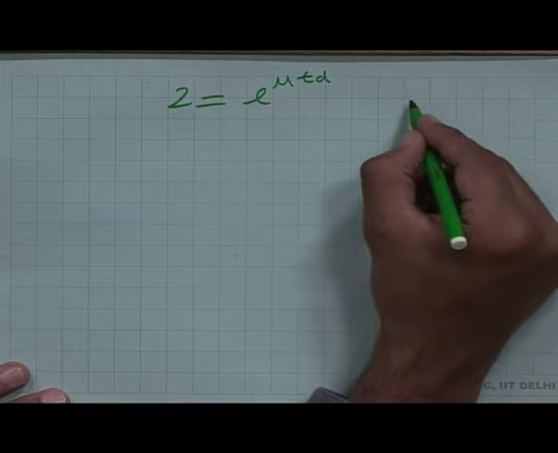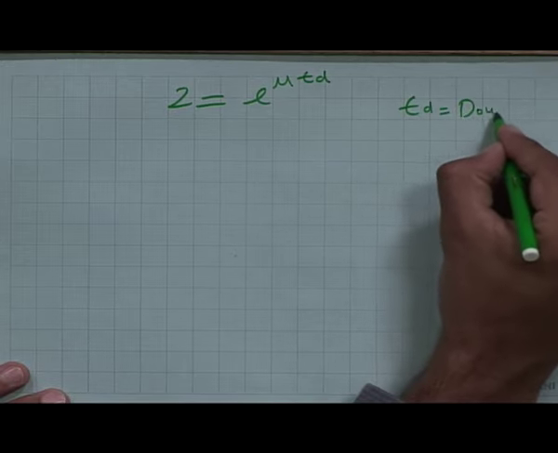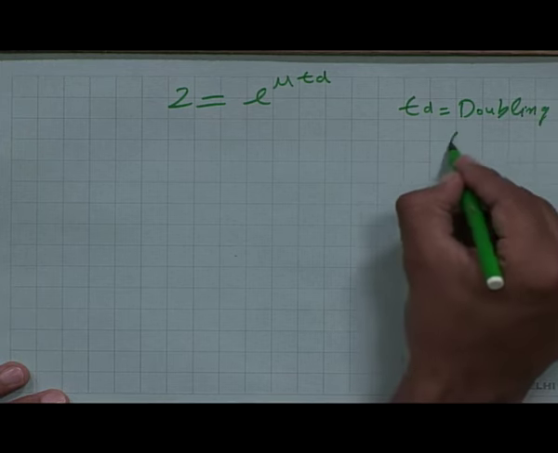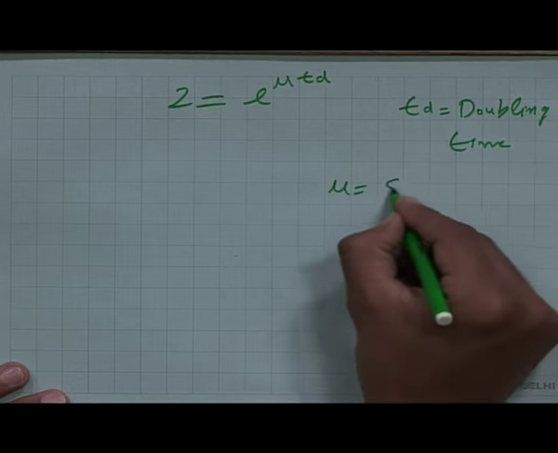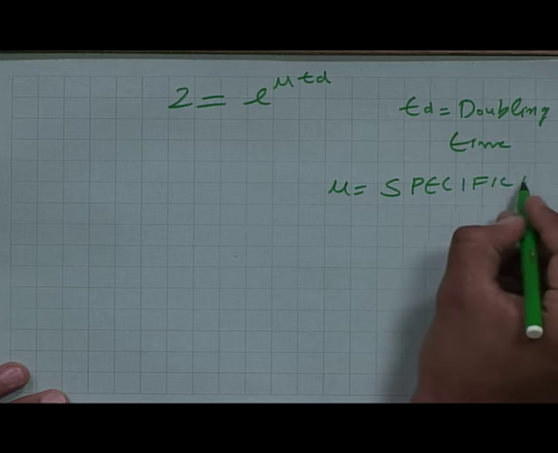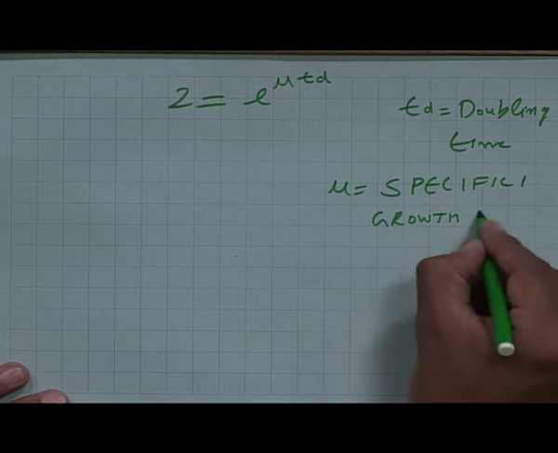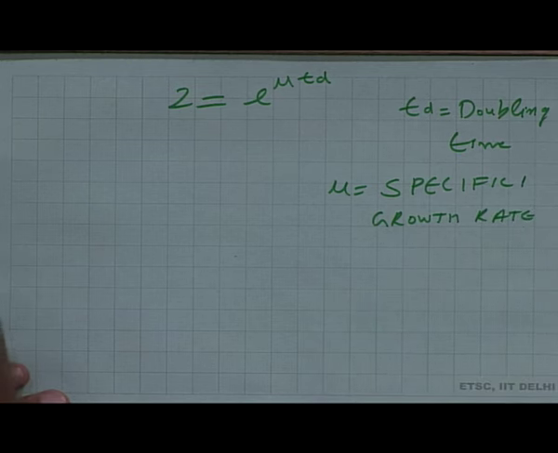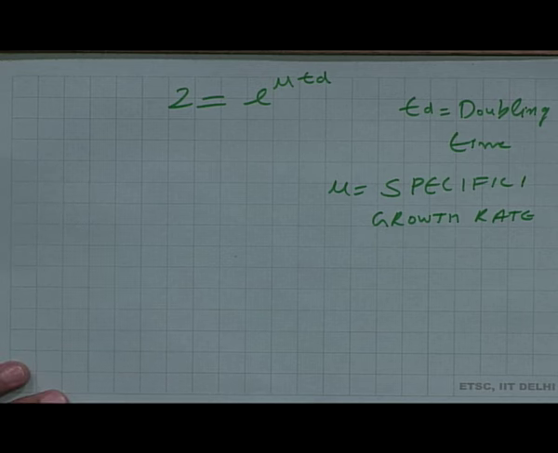What is t d here? T d here is doubling time. What is mu? Mu is specific growth rate that you can either find by equation or you can find by the slope of the semi-log plot.